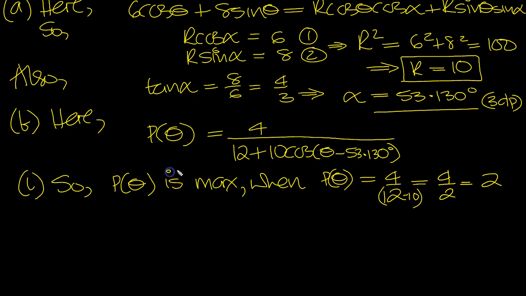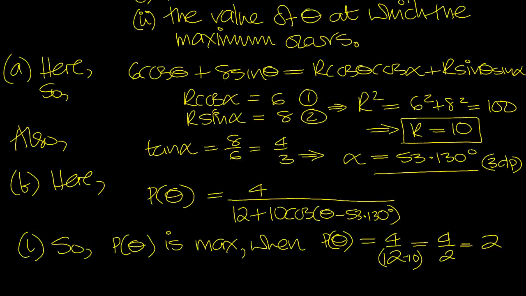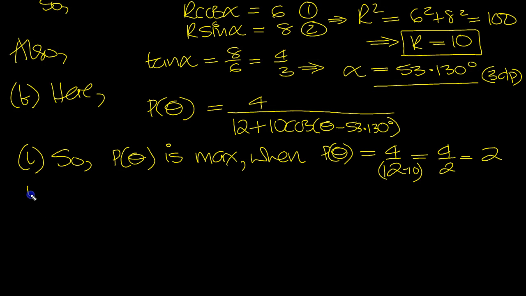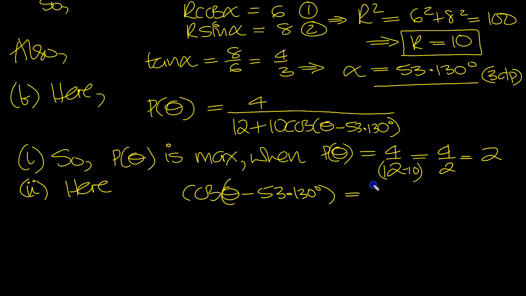Okay, that's part 1. That's clear. The value of theta at which the maximum occurs, part 2. Here, cosine of theta minus 53.130 degrees is equal to minus 1, which implies that theta minus 53.130 degrees is equal to 180, isn't it?